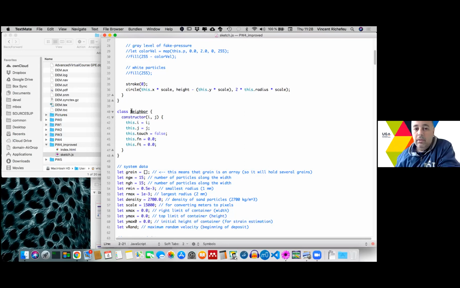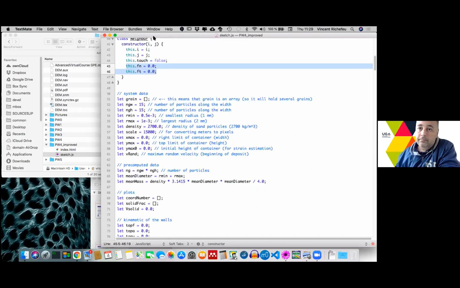A neighbor holds the numbers of the two particles that interact, and something that says if they touch or not. It is for post-processing, and the normal and tangential force of the link if they touch, obviously.